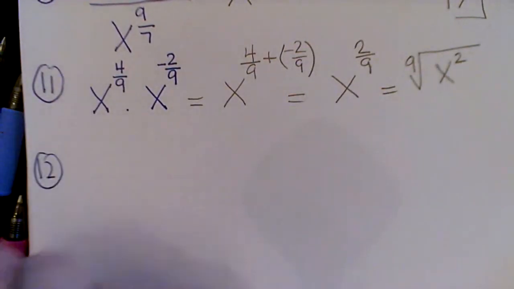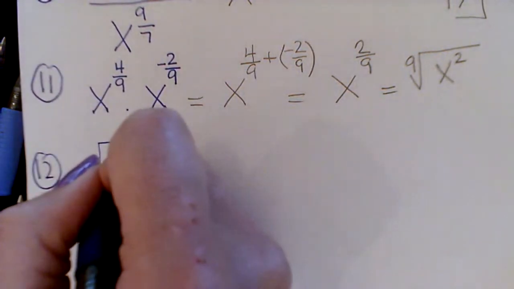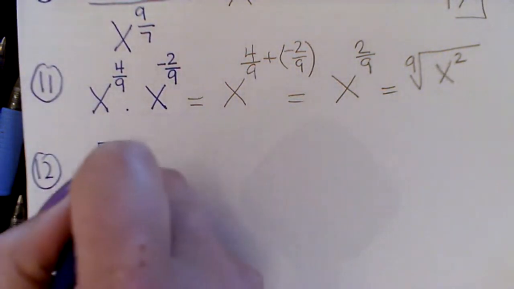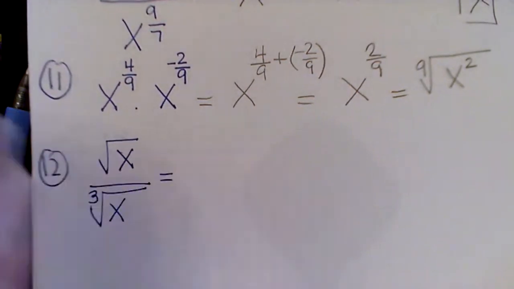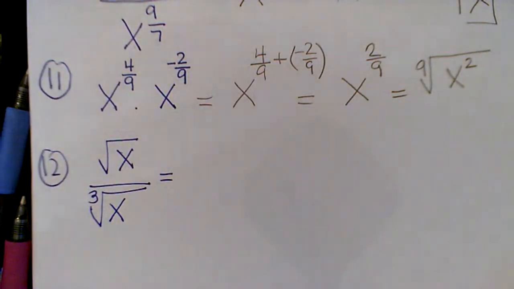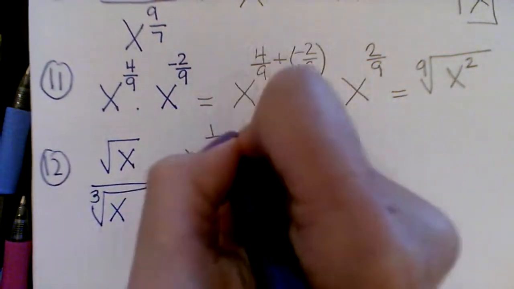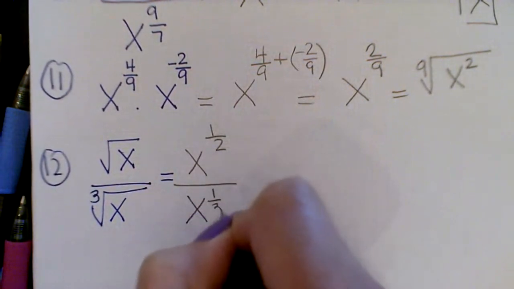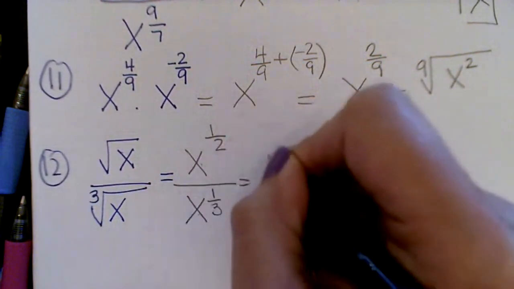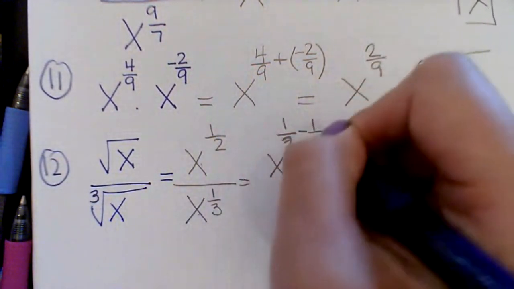Now, 12. 12 says the square root of x divided by the cube root of x. So what we have is the square root of x, which is to the 1/2, right? And this one is to the 1/3. So same base, I'm going to subtract the exponents.